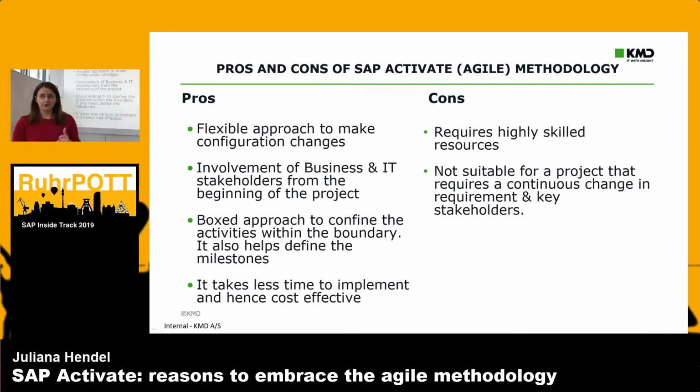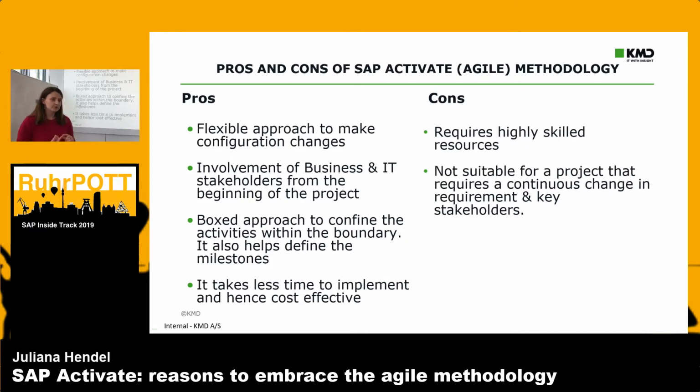The con of it is that it requires highly skilled resources. It's simple. Why? Because these kinds of projects are new. None of us have really extensive experience, so that's the tricky part. And it's not suitable for a project that requires continuous change in requirements, which is also actually a waterfall feature, right? But, and I'm sorry, I forgot to put it on the slide, with Activate you get a complete framework for risk management.